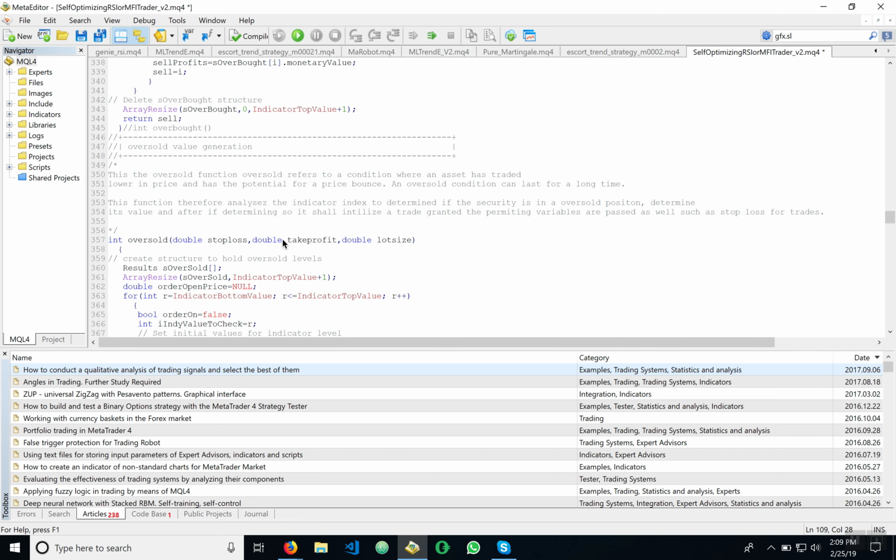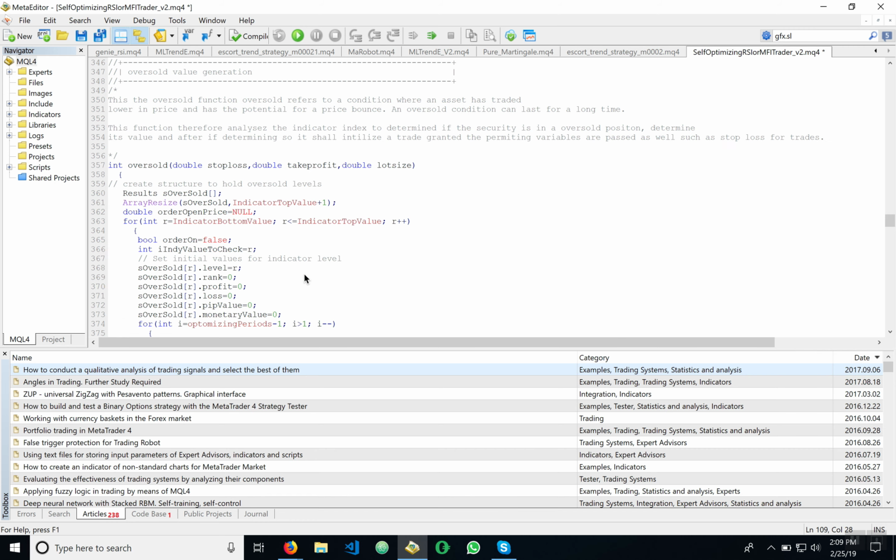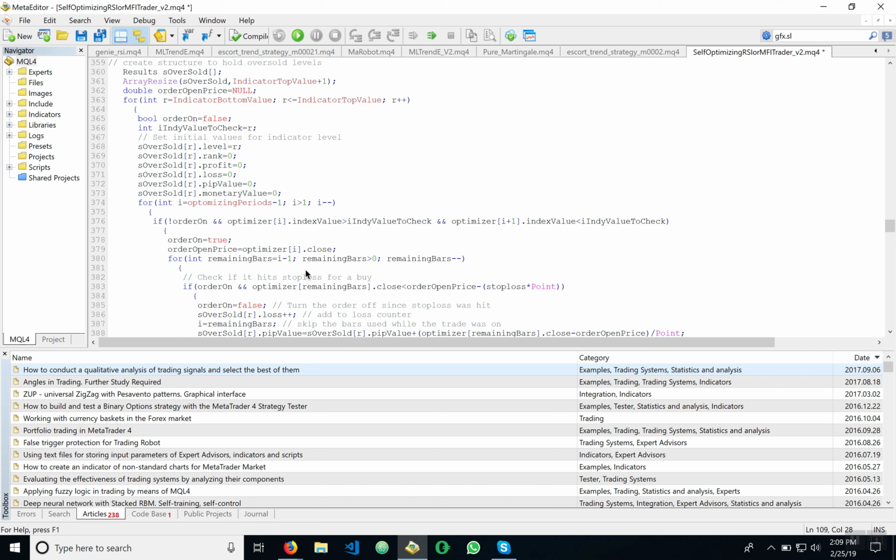Like I said, this trader goes through it more than once, hence the loop it has for the optimization period, and it checks the value and the index value.